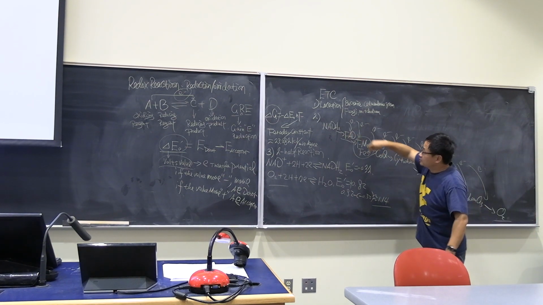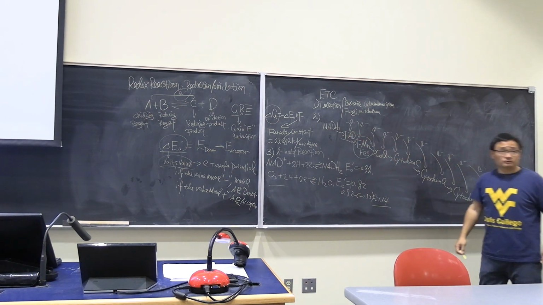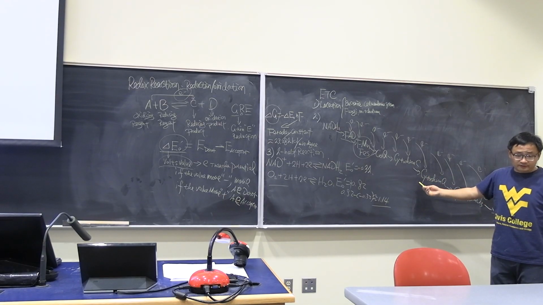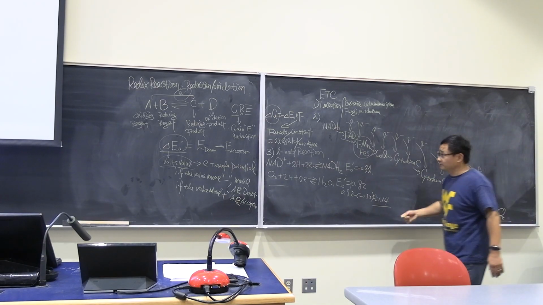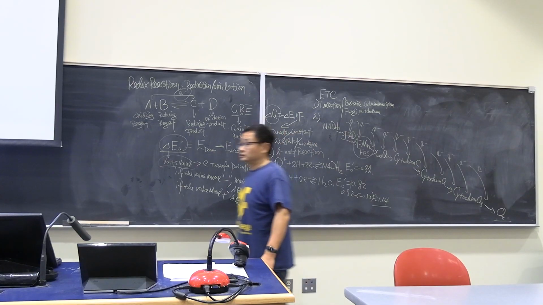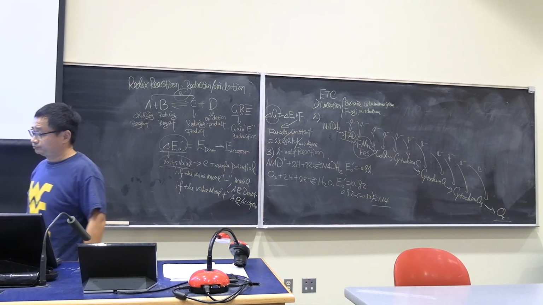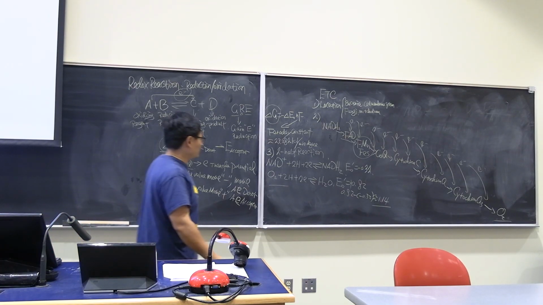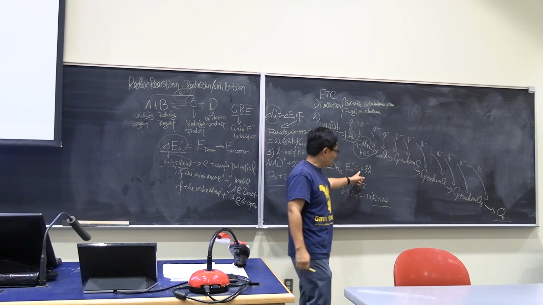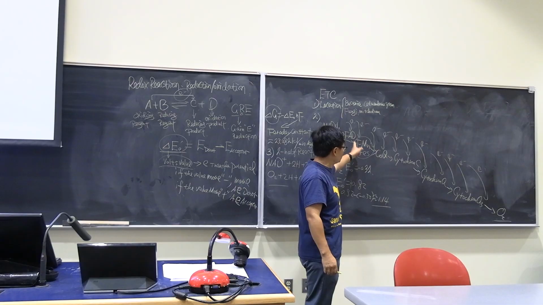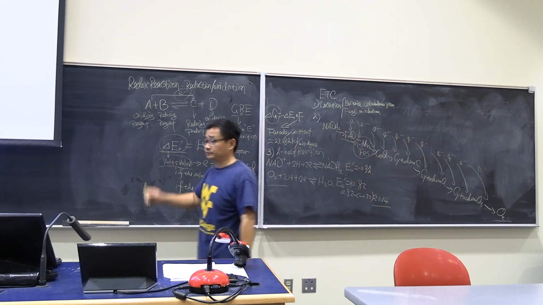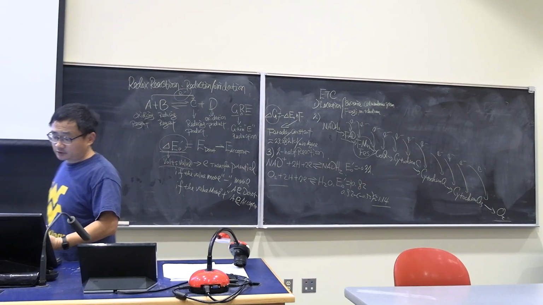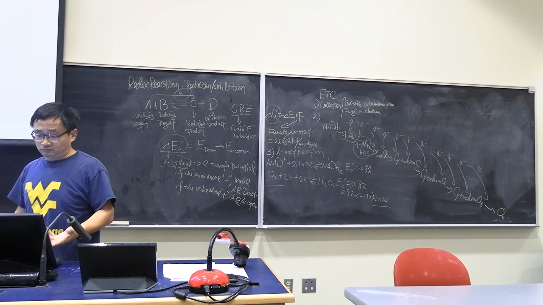Then why is FAD here? What is FAD? Flavin adenine dinucleotide. What's the FAD value? You can look at here. Minus 0.2. That's higher than minus 0.32. What is FeS? You look at the table. That is about 0.